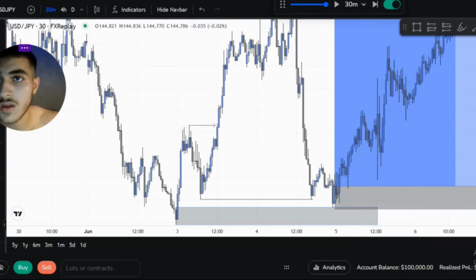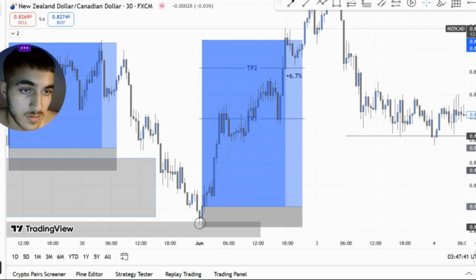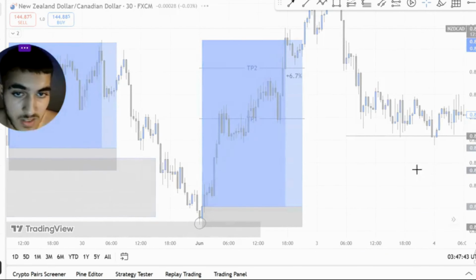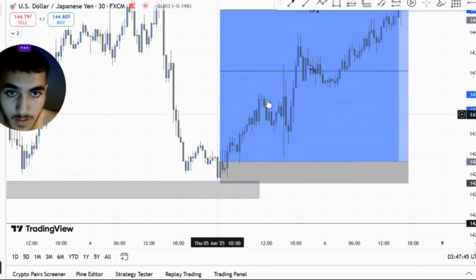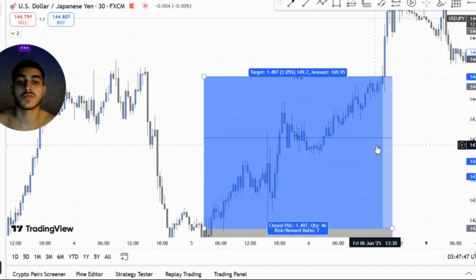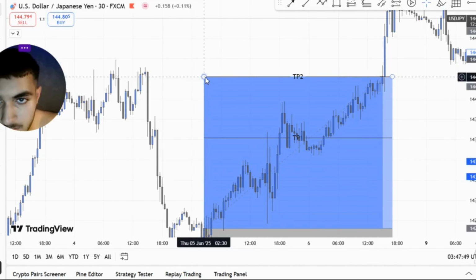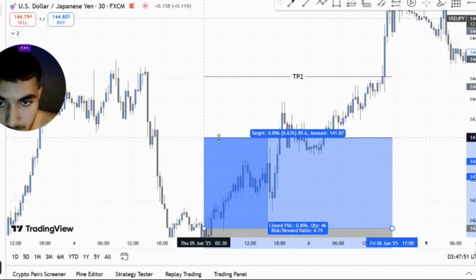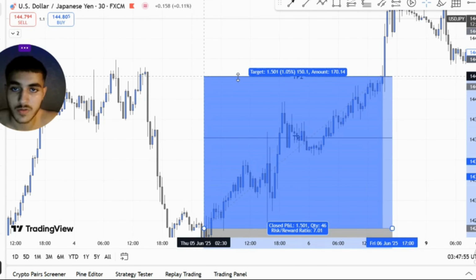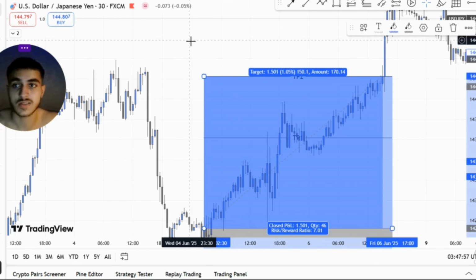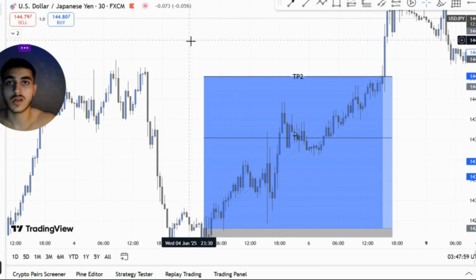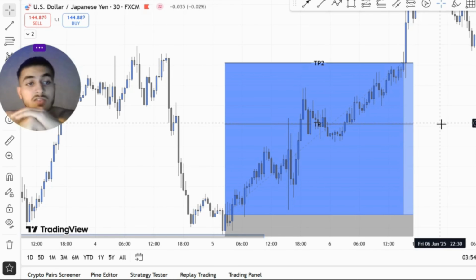Okay, I will show you this trade in the TradingView, but I took TP1 at 4.2. Okay, TP2 was 7.01.